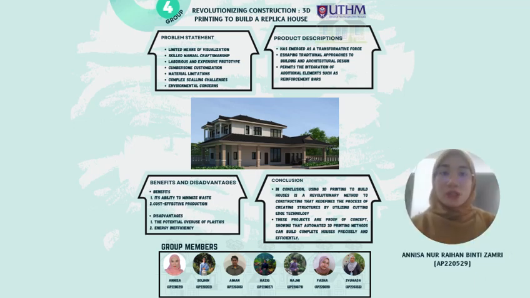Now, I would like to talk about the problem statements. The first problem statement is limited means of visualization. The pre-3D printing era grappled with a dearth of sophisticated visualization tools. Two-dimensional blueprints and traditional models lacked the capacity to offer an accurate and immersive representation of the final product, and emerged as stumbling blocks in effective communication.